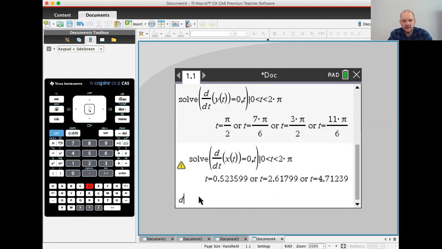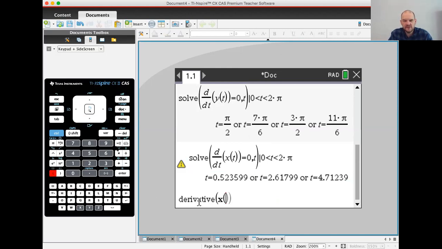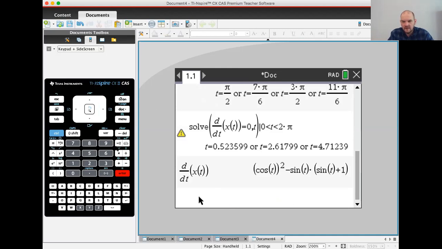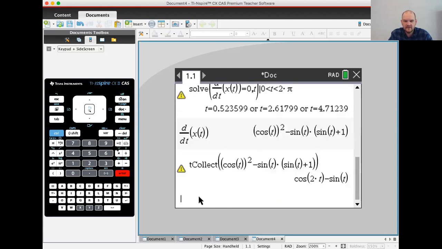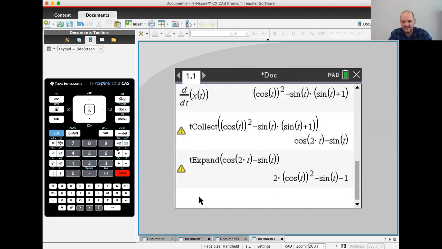Let's solve the derivative of x of t with respect to t. Why can't it solve that? Let's trig collect. Let's trig expand. I need to replace the cosine squared.